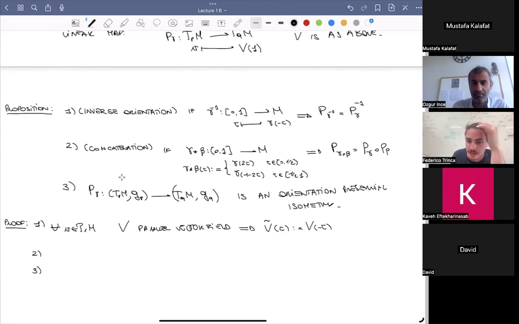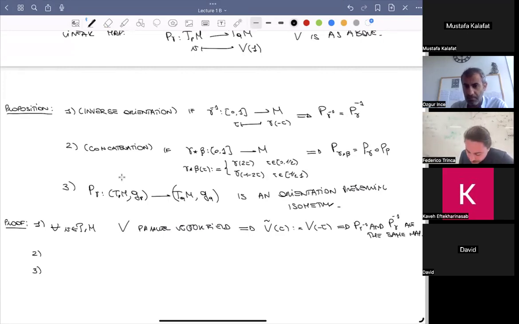This is again a parallel vector field, and so it tells us that P_gamma and P_gamma^-1 are the same map. And we conclude. I mean, this is just obvious. You just have to think about it for 1 second.